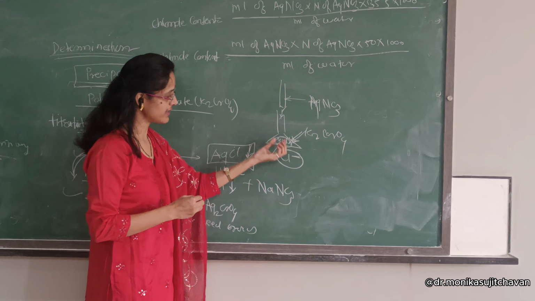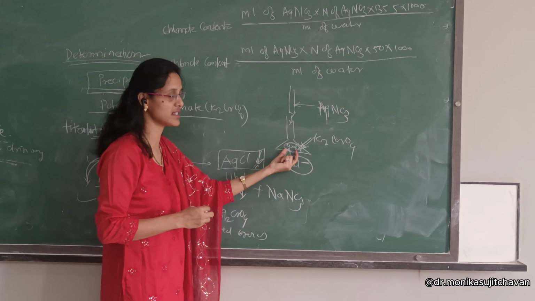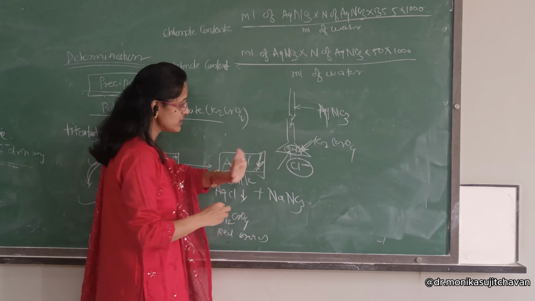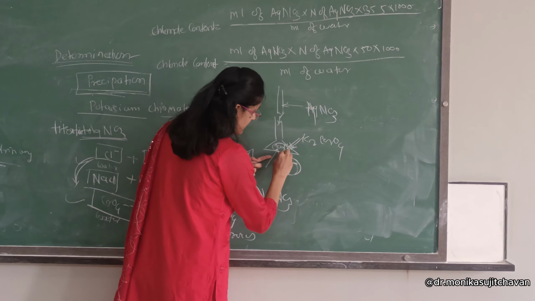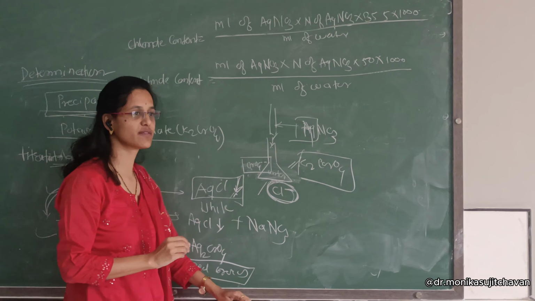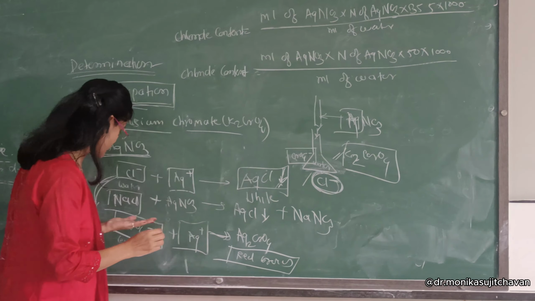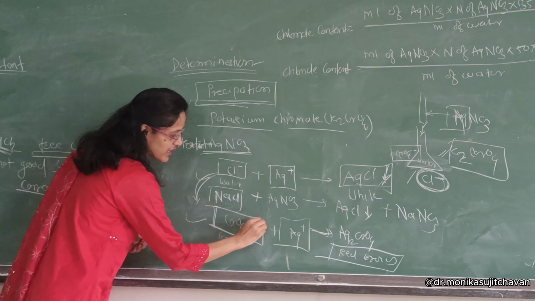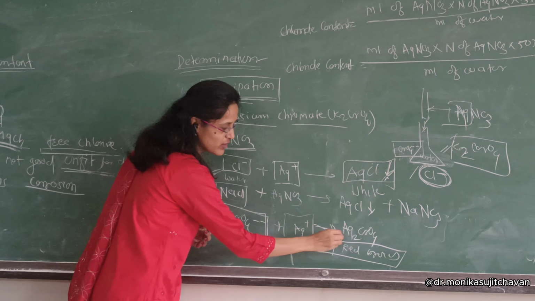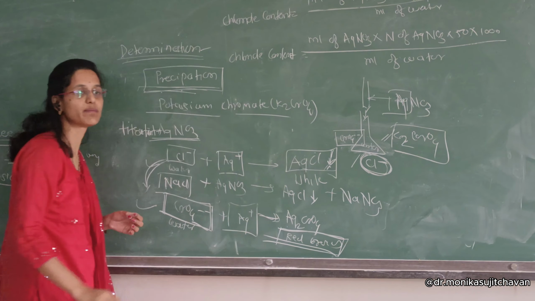At that time Cl minus reacts with Ag plus to form the AgCl precipitate, and when all Cl minus is consumed, the chromate ion CrO4 minus minus, added as an indicator, reacts with Ag plus and forms Ag2CrO4, which has a reddish brown color.